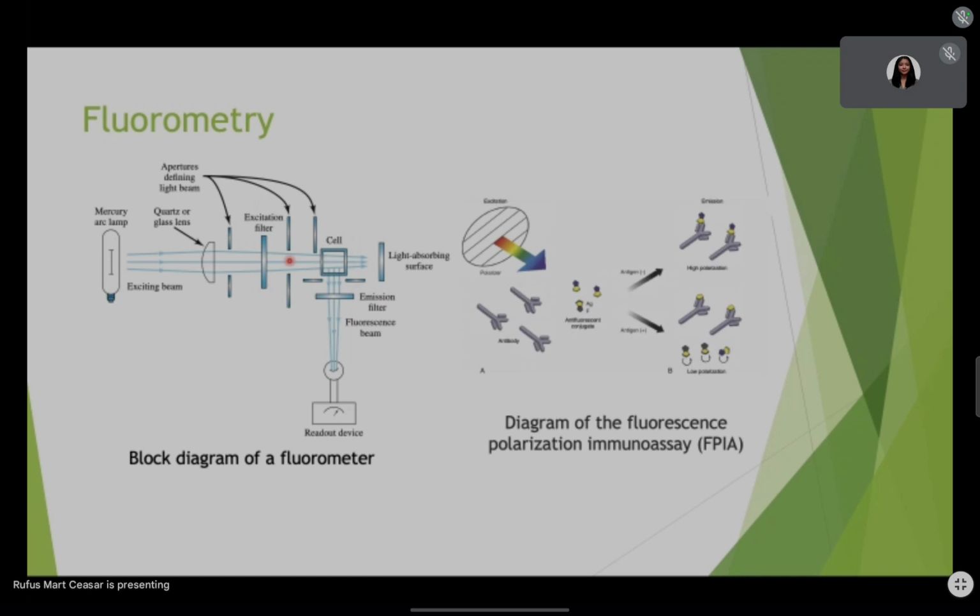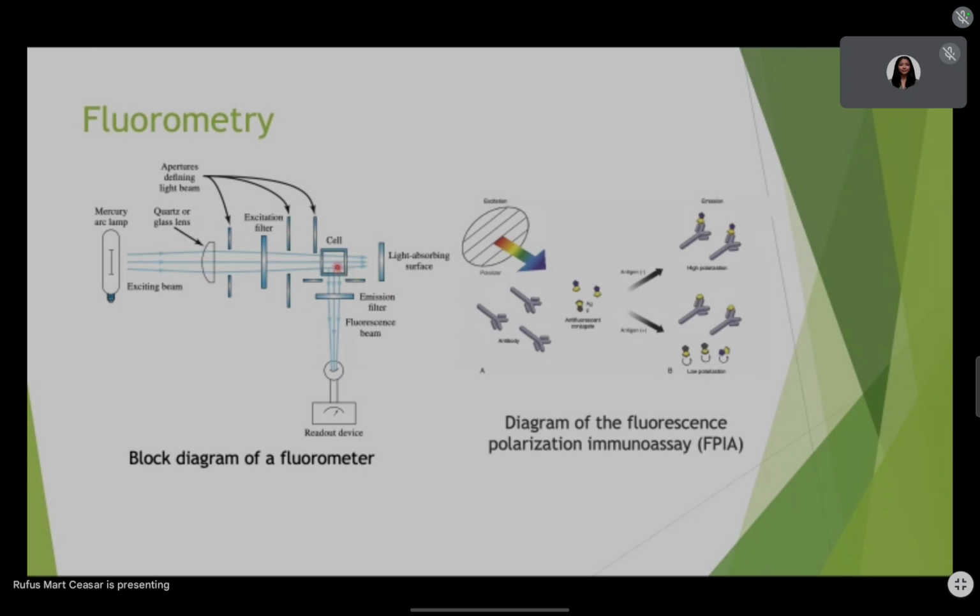Sir, bakit may dalawang filter? May excitation filter, may emission filter. Kasi yung excitation filter, iba yung wavelength na ginagamit. Okay, laser na lang. I-excite muna natin yung sample. Kunwari, Rhodamine 6G. Excite natin yung sample doon sa isang cell. So, meron tayong excitation wavelength.